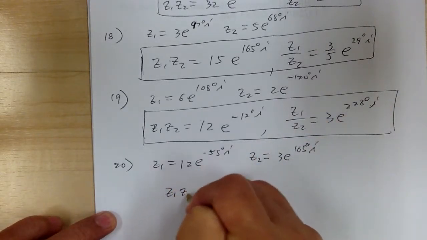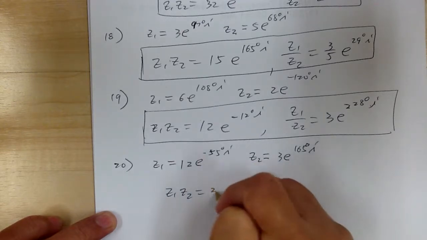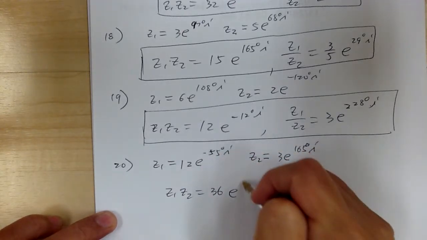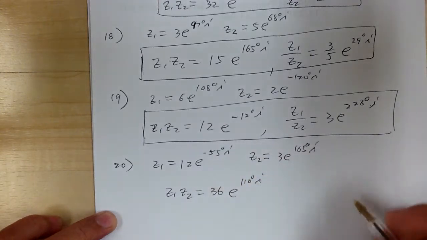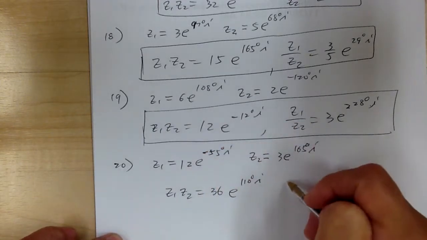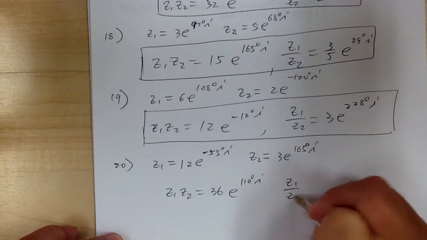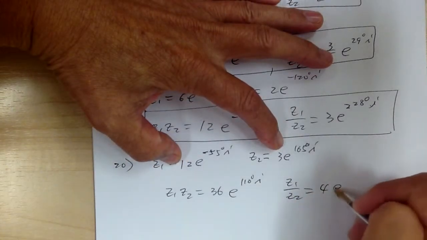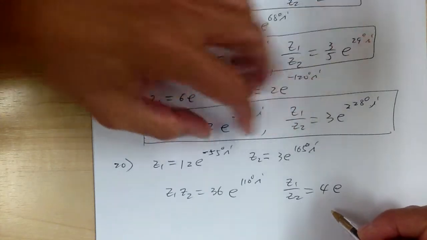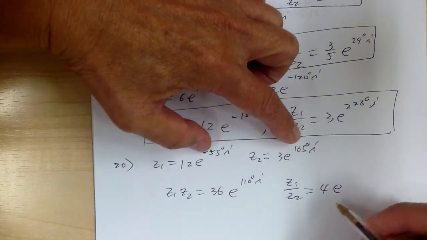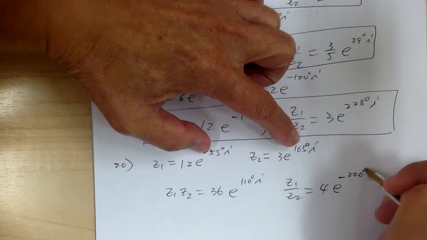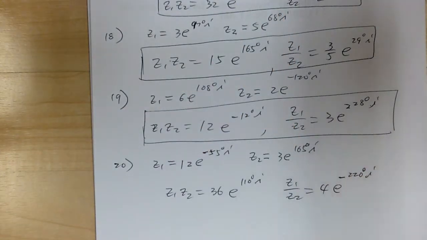So z1 z2, when you multiply, you get 36, and when you multiply, you add the exponents, so it'll be 110 degree i. Now when you divide z1 divided by z2, 12 divided by 3 gives you 4, and when you divide, you have to subtract, so this minus that will give you negative 220 degree i.